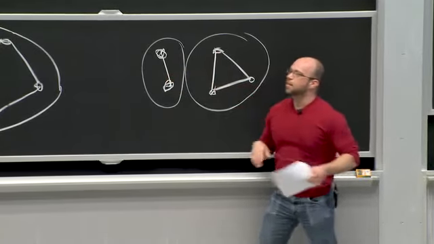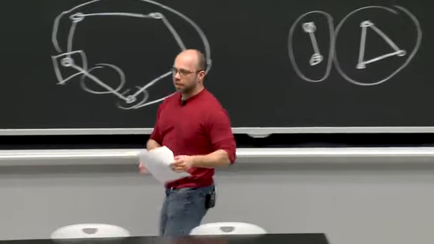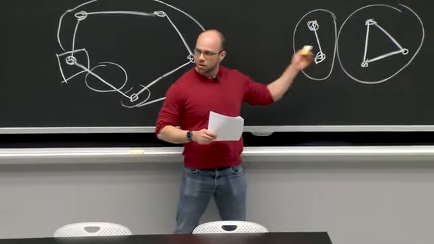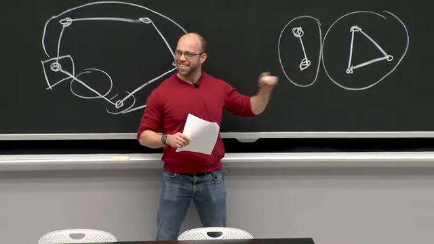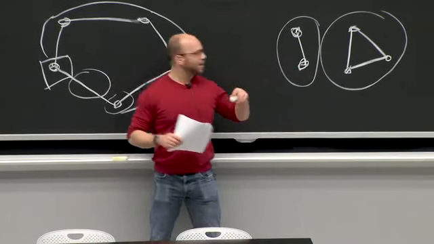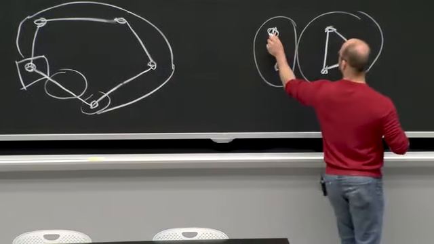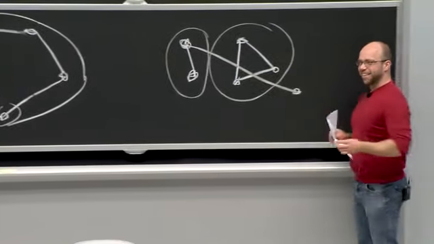In the connected components problem, we're given a graph like this. When I draw it like this, it's pretty clear that my graph has two connected components. Maybe my graph embedding algorithm failed and it drew an edge like that.